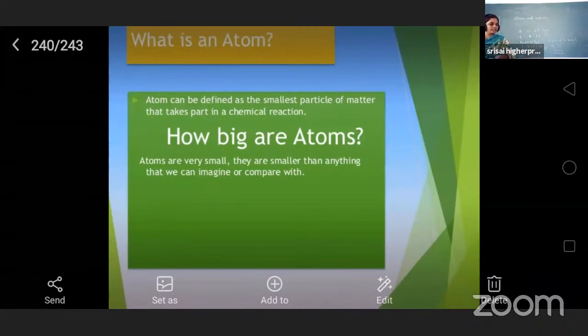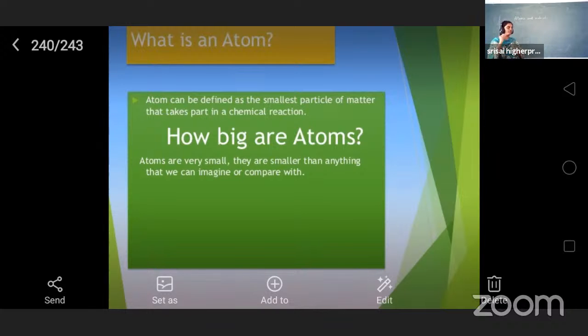You know that I asked the first question: what is an atom, students? Okay, students, atoms can be defined as the smallest particle of matter.